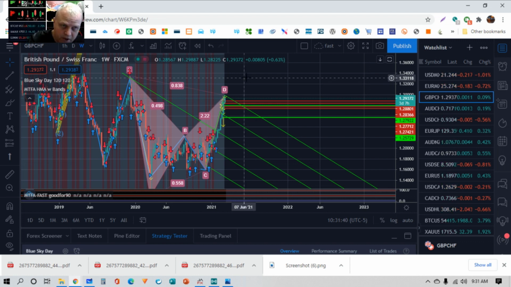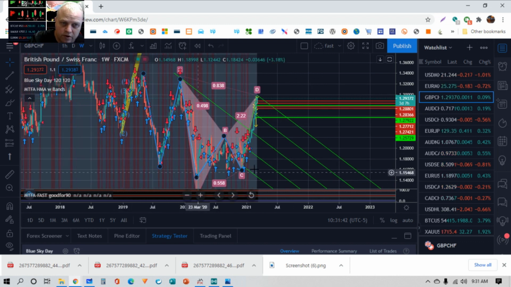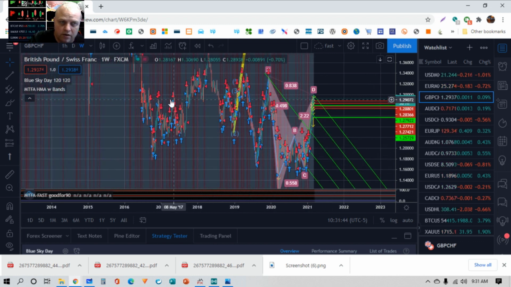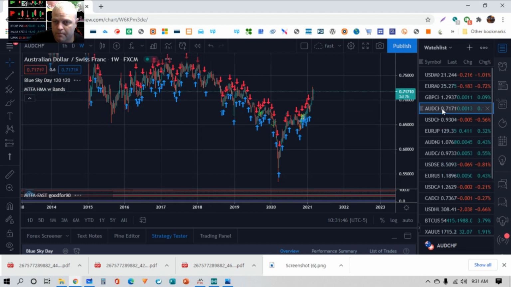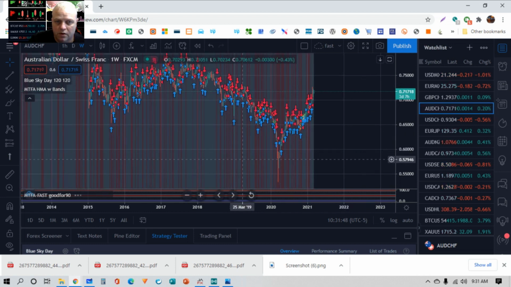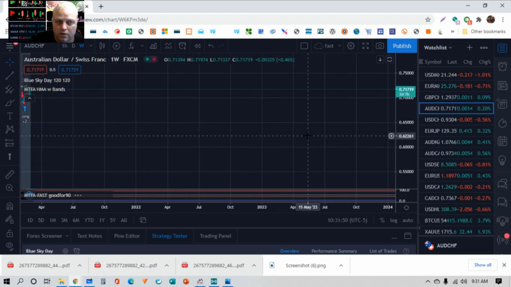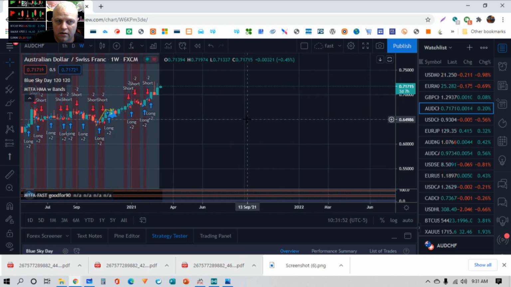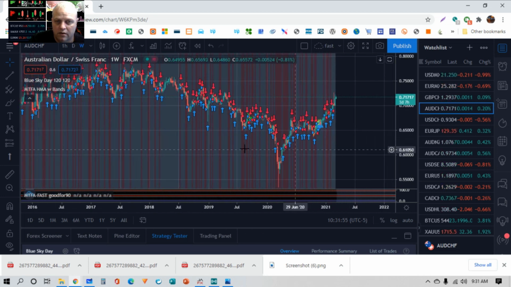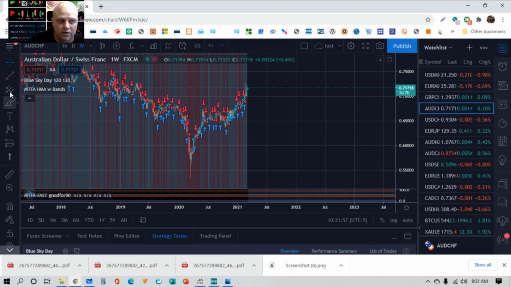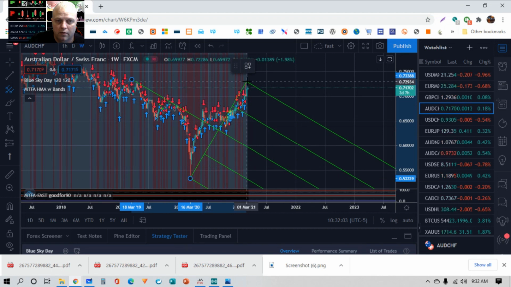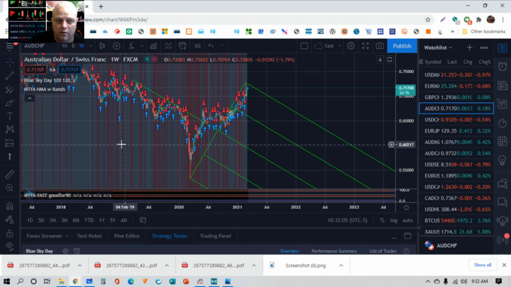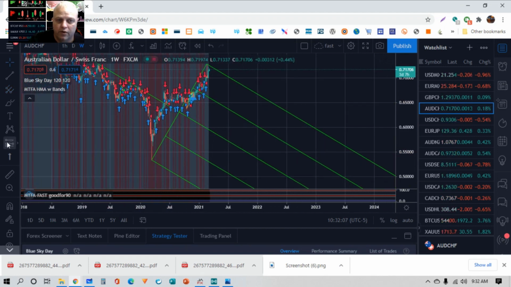But this is a pitchfork. Pitchforks are good when you have an entry time of a low and a high. So on this one, you take a pitchfork, and it gives you your trade.